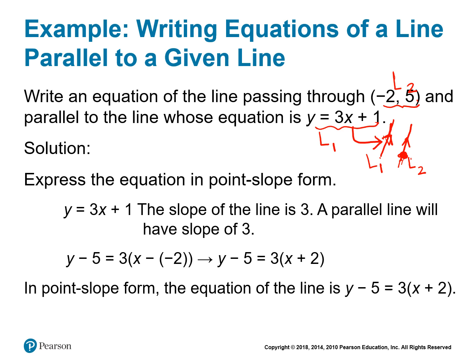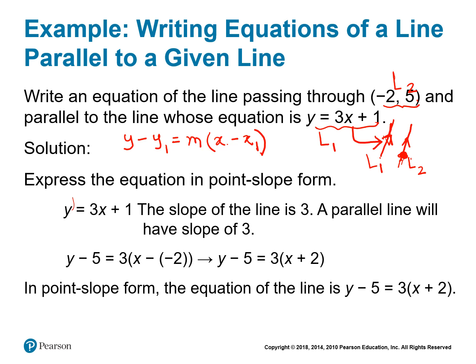It says here, express the equation in point slope form. Again, if you've read chapter 1.4, or from a past class, you will remember that the point slope form is y minus y1 equals m times x minus x1.